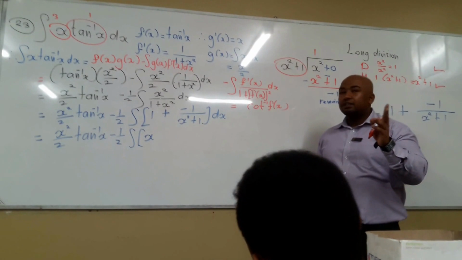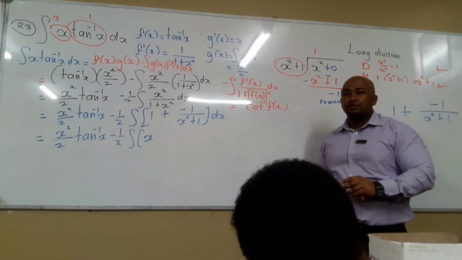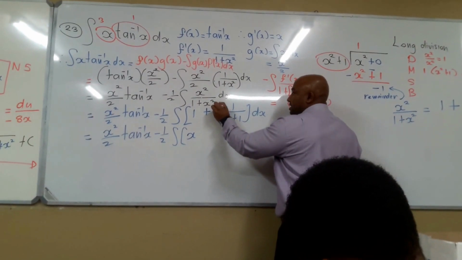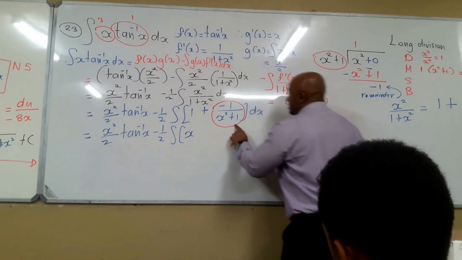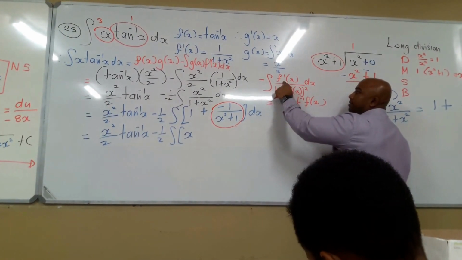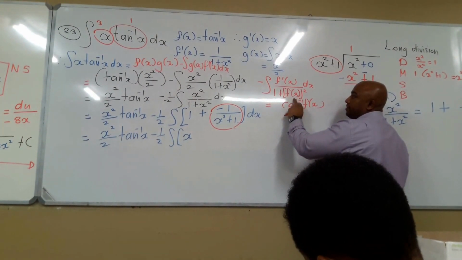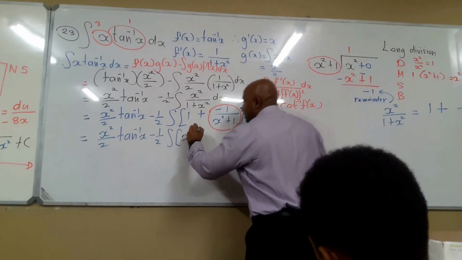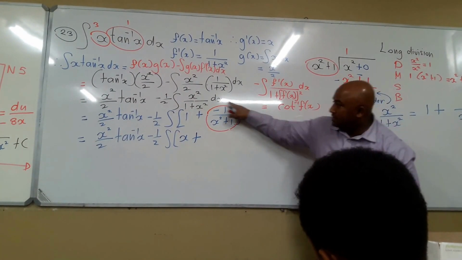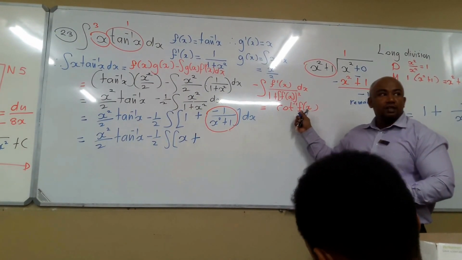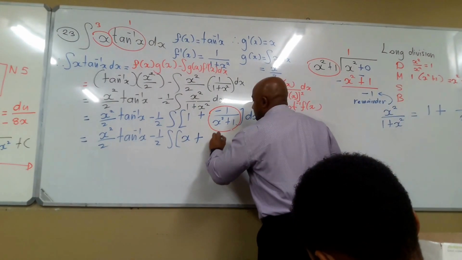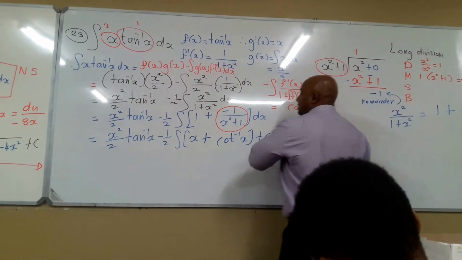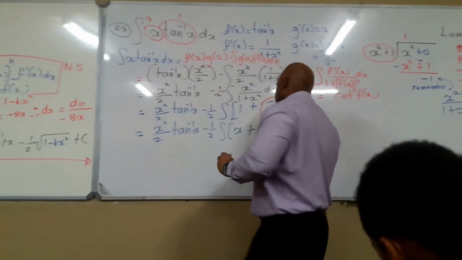Okay, there's 6. The only difference is the minus sign between those. So now what did you just do? I looked at minus f prime x all over 1 plus f of x all squared. So this will remain as a plus because this whole thing here is now inverse cot. Plus c.